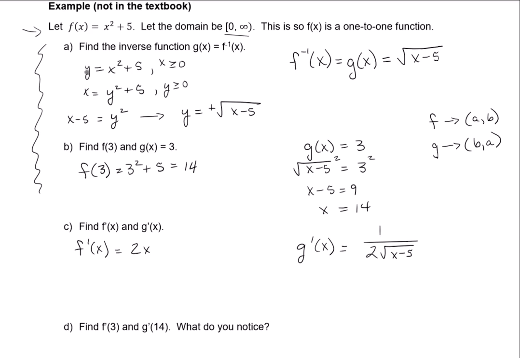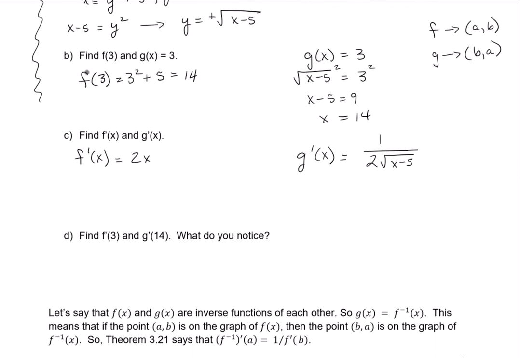And now let's see if we can find f prime of 3 and g prime of 14. So f prime of 3 is 2 times 3, which is 6. And then let's find g prime of 14, which is f inverse prime of 14.